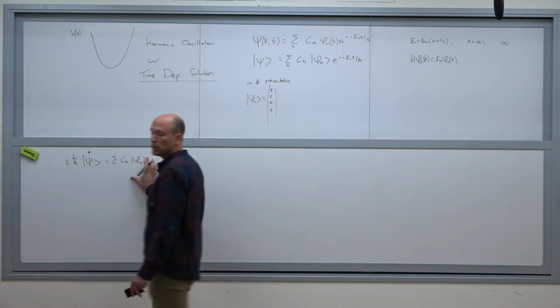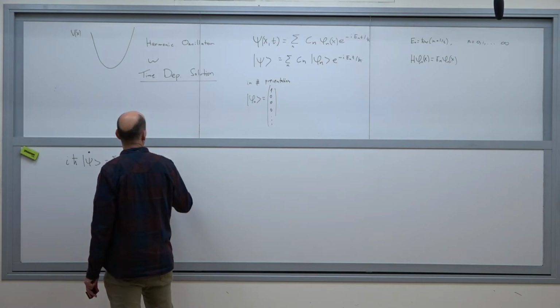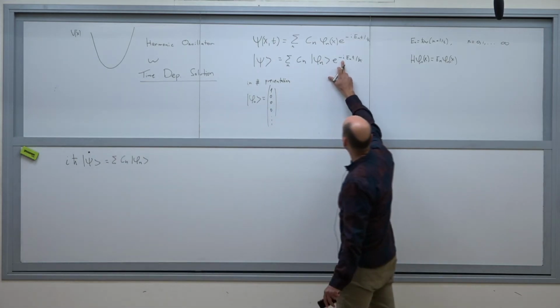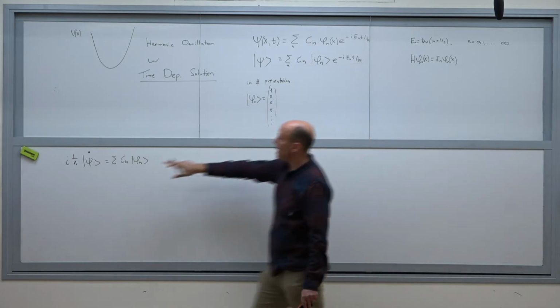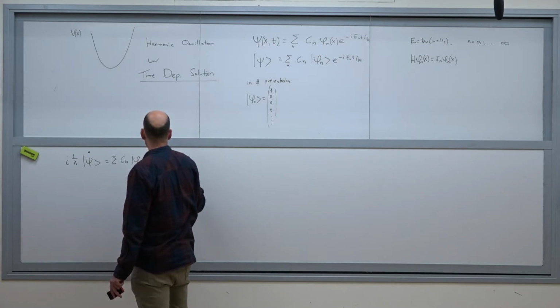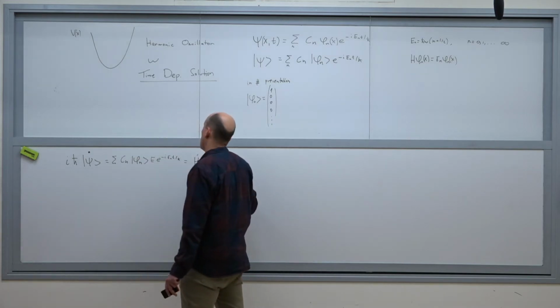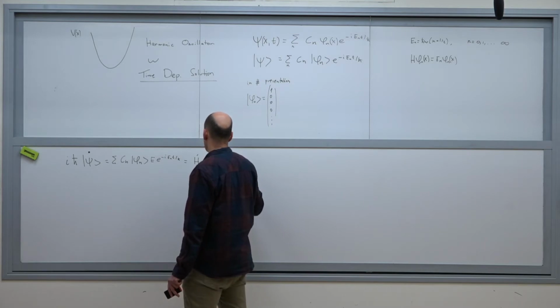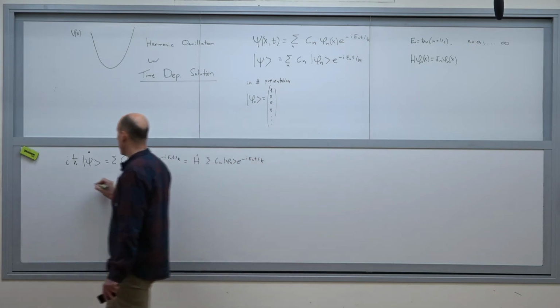These do not explicitly depend on time. And here, when I take the derivative with respect to time, you see what happens. You know this already. I multiply by i h-bar. So here I'll get E_n, e to the minus i E_n t over h-bar, and this is the same as the operator H, sum over C_n phi_n e to the minus i E_n t over h-bar.